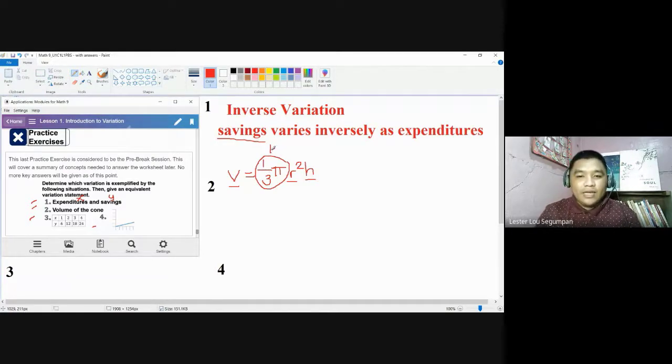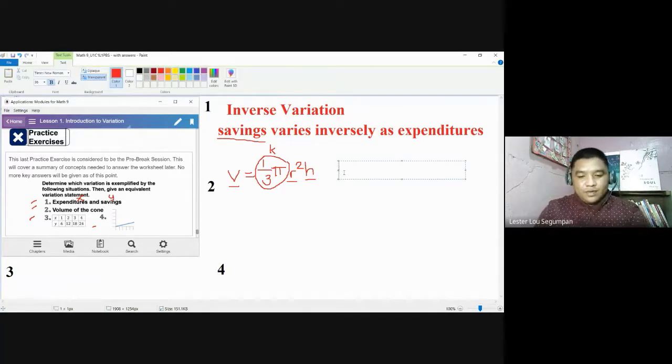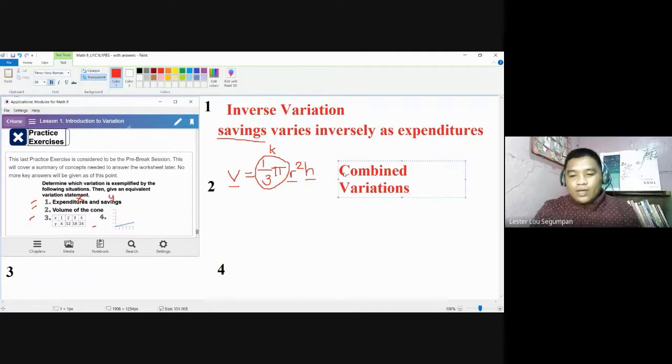This is your k if we talk about the mathematical equation. So now we could say that radius and height predict the volume. So volume is our dependent variable and radius and height are independent variables. So this is a type of combined variation. Why combined?